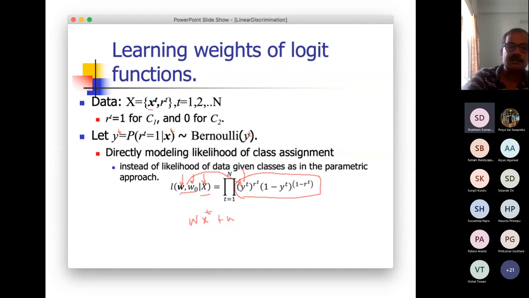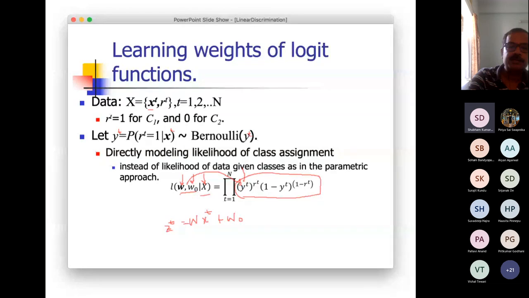That gives me a value; let us consider that value is zt. Then yt is the logit inverse of zt, or sigmoid of zt, that means 1 by 1 plus e to the power minus zt. That is what your yt is, and that is how you compute it.